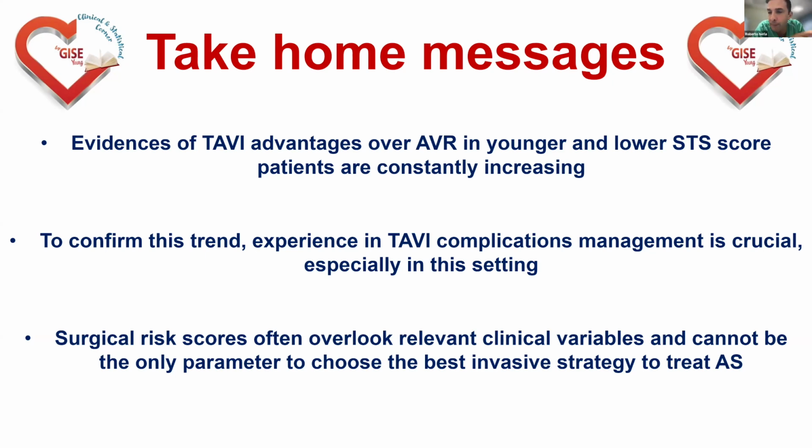Even in type 1 bicuspid, you can have conic shapes, elliptic shapes, severely calcified ones, and you also have to consider the distance between the annulus and the raphe. So it's a very complex situation, and you have to find the right device to be adapted there.